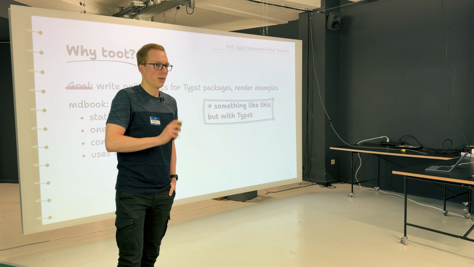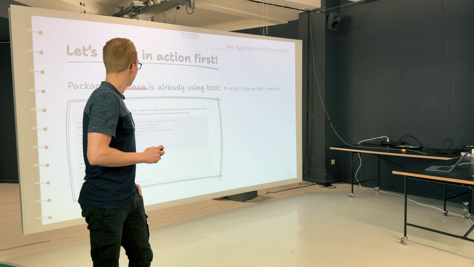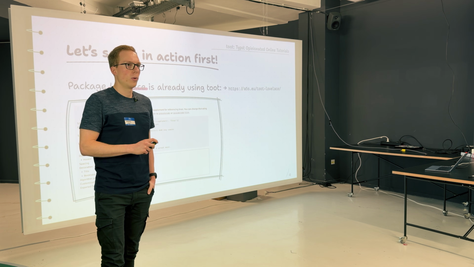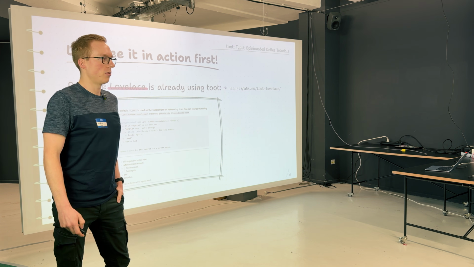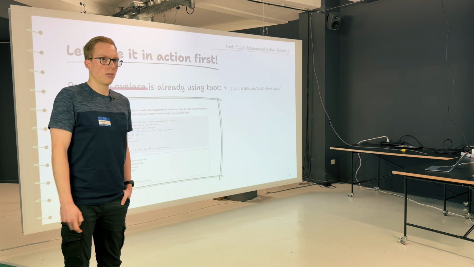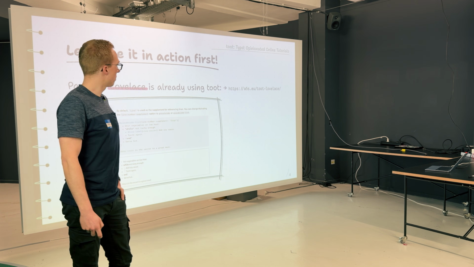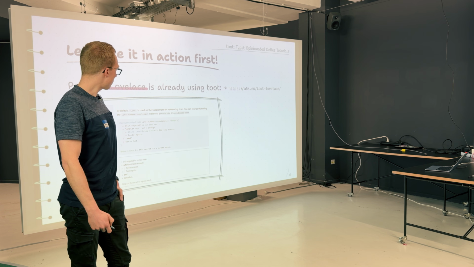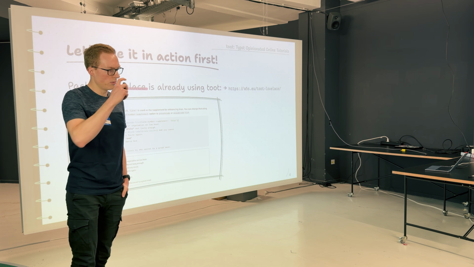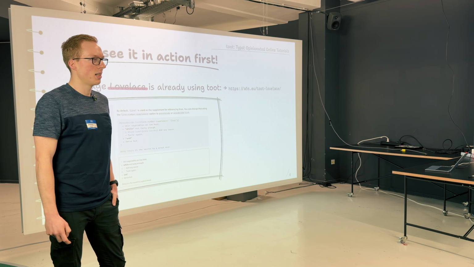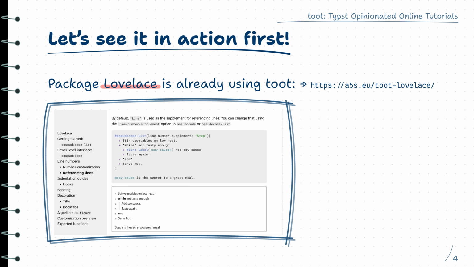And before we jump into the technical details, we can have a very quick look at how Toot looks. So one of my packages, Loveless for typesetting pseudocode, is already using Toot for the documentation. We couldn't look at the website, but I think for the sake of time, let's just stick to the screenshot. And you see we have some more ordinary text where you explain stuff.